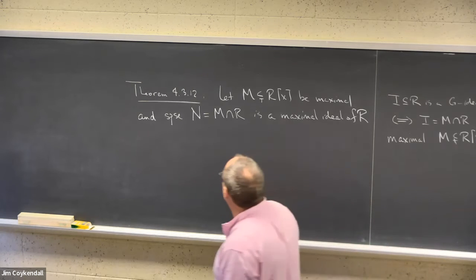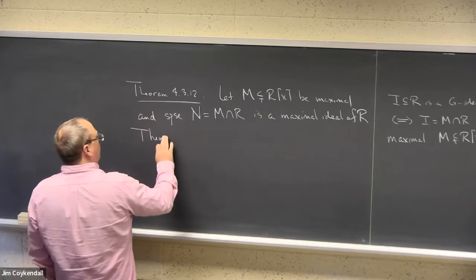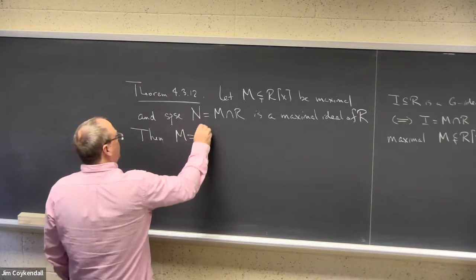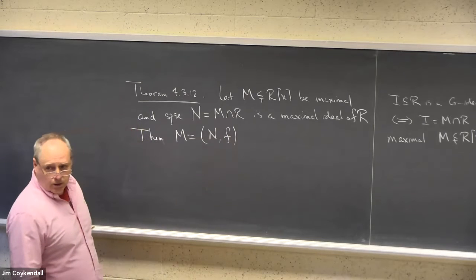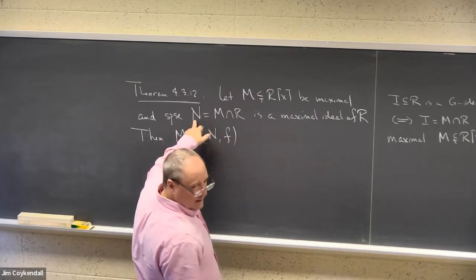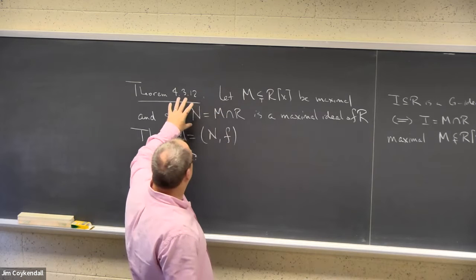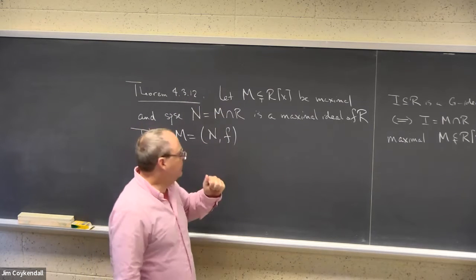Then M, as a maximal ideal in Rx, is generated by these elements of N. So basically it's generated by the constants and toss in one more polynomial.